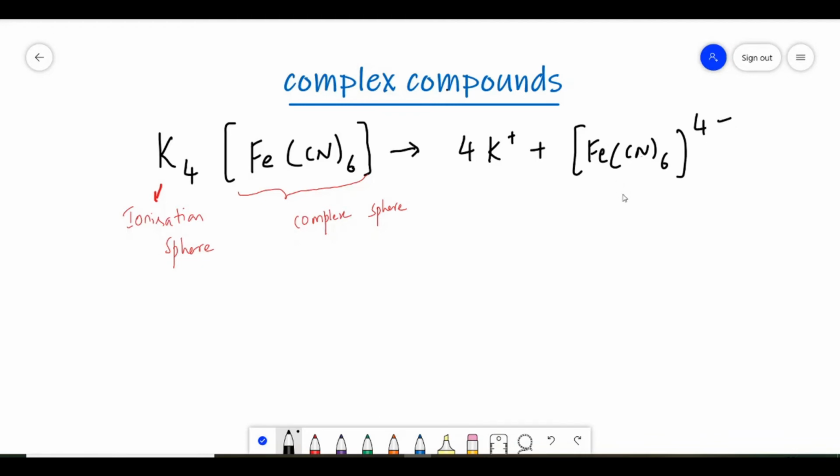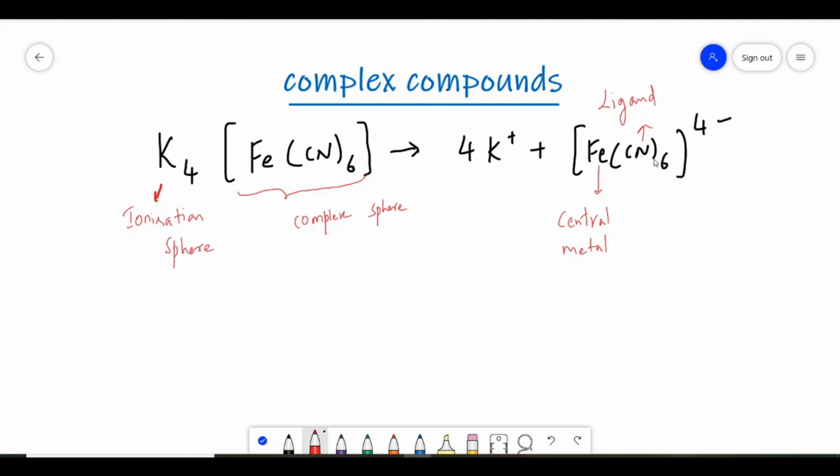Now here in this complex sphere, the iron is called the central metal, and around this central metal there are 6 cyanides, and this cyanide is called the ligand. A ligand is nothing but the neutral or charged species which is surrounding the central metal.